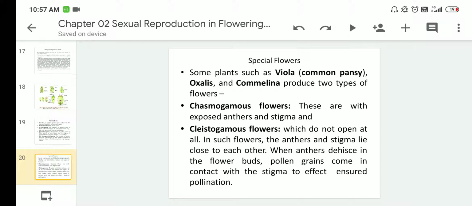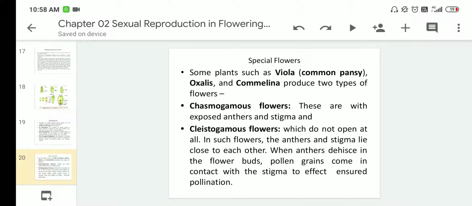There are special conditions or special types of flowers regarding pollination. We will recall them also, we will learn them also. Some plants such as viola, common pansy flower, oxalis and commelina produce 2 types of flowers: chasmogamous flowers and cleistogamous flowers.